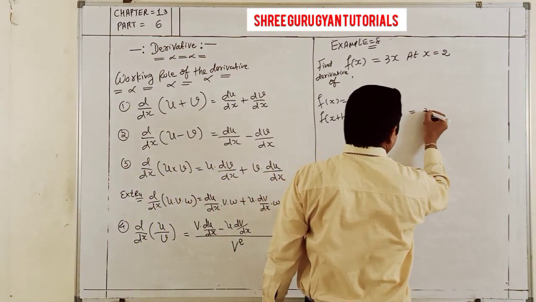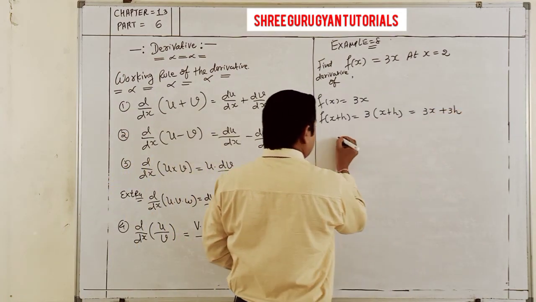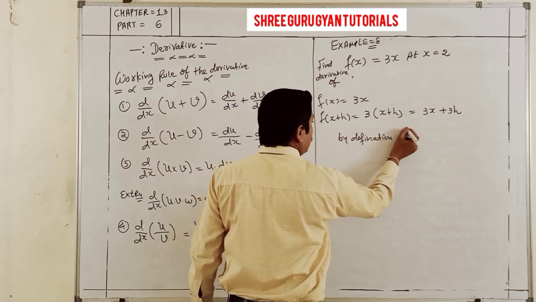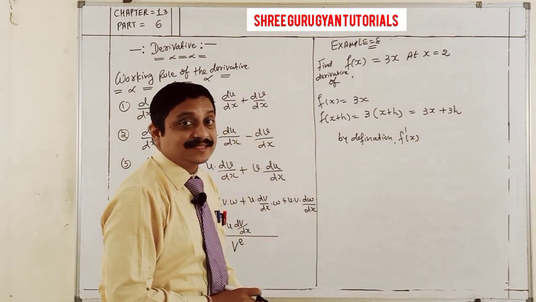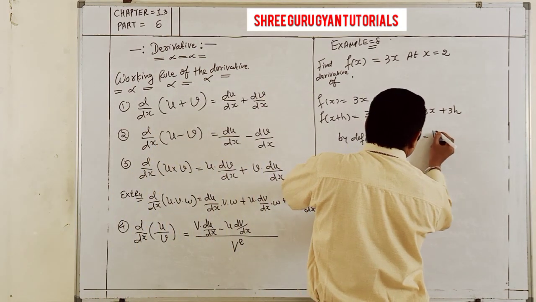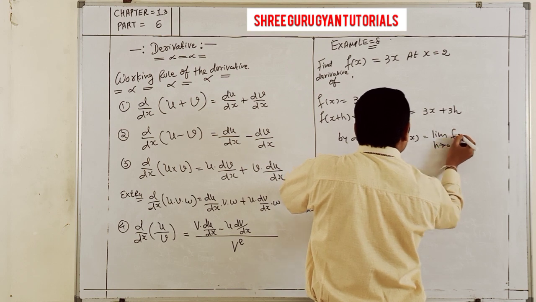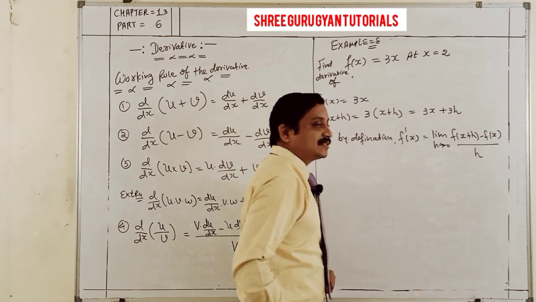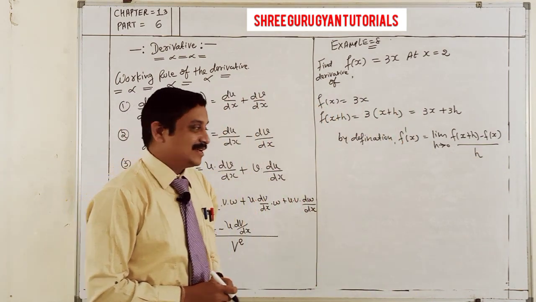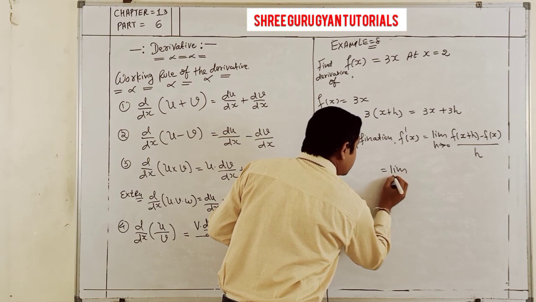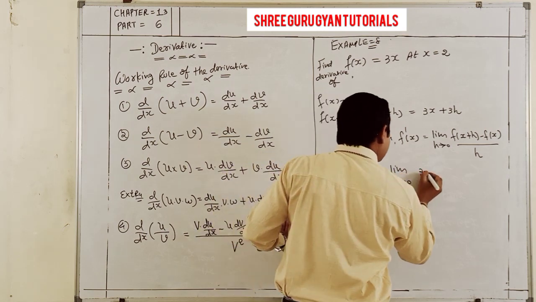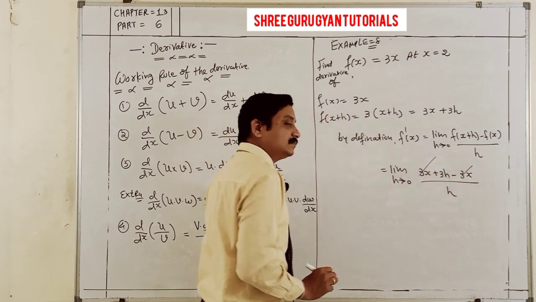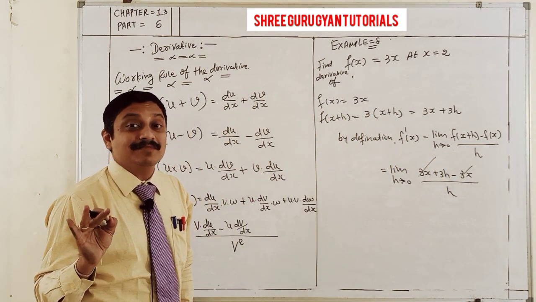So my value is 3x + 3h, and by definition your derivative f'(x) is the limit as h tends to 0 of [f(x+h) - f(x)]/h. Put the values: limit h tends to 0, (3x + 3h - 3x)/h. Cancel, you only have 3h/h.